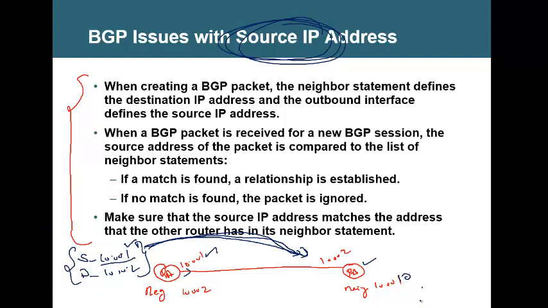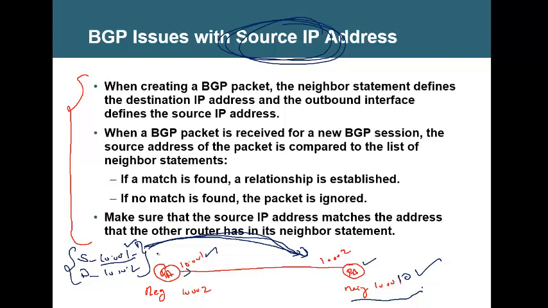When router B receives 10.0.0.1, router B will say, okay, 10.0.0.1, fine, thanks for coming. I'm not interested in you because I don't know you as a neighbor. For me, I have only 10.0.0.10 as a neighbor. I can only have a relationship with 10.0.0.10. But you are 10.0.0.1. Sorry, I don't know you.